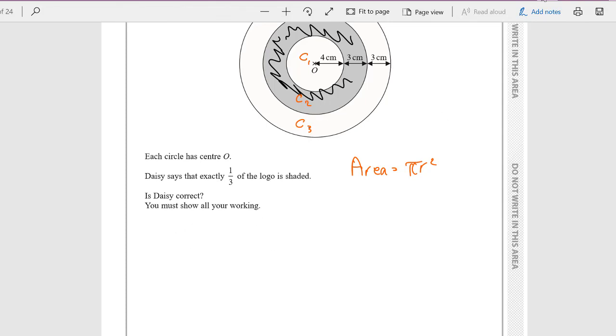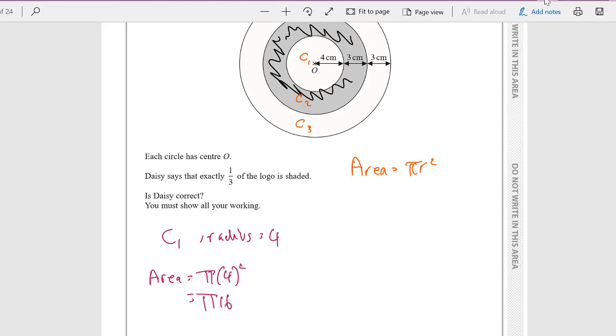I'm going to use a different color. So circle 1 has a radius of 4. This is all in centimeters, but I'll just avoid the measurements for now. So area equals pi 4 squared, so that equals 16 pi.